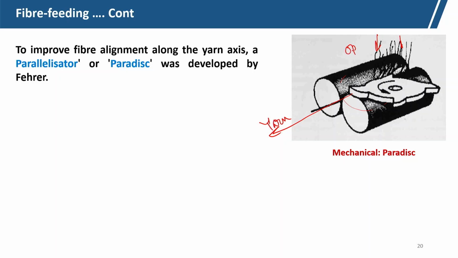This is opened fiber. The opened fibers are falling at a right angle downward, and then at the right angle they are pulled. Now, what happened in this zone is that buckling takes place. So, in this zone the fibers mainly get buckled.